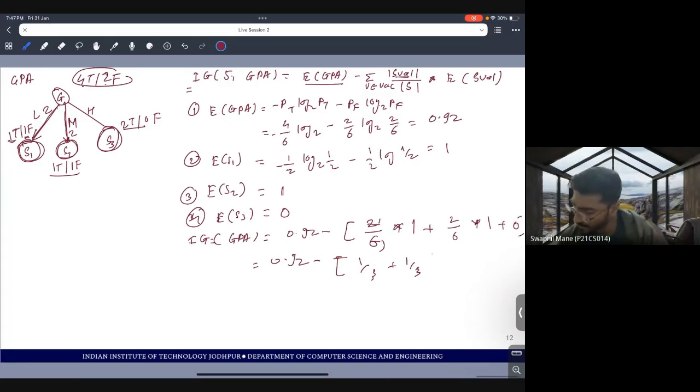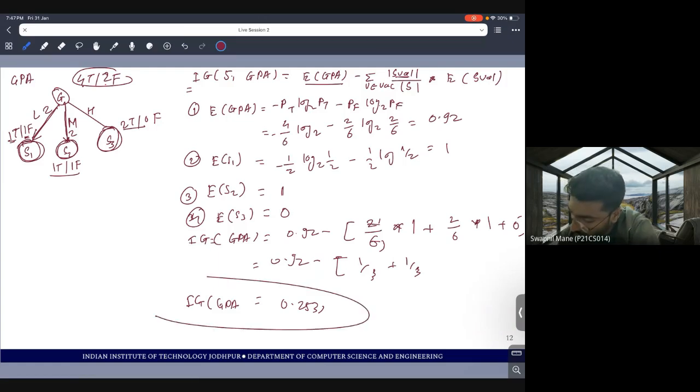After calculating this, you will get about 0.2533, 0.25. This is the information gain for the GPA. So this we have calculated for one attribute.